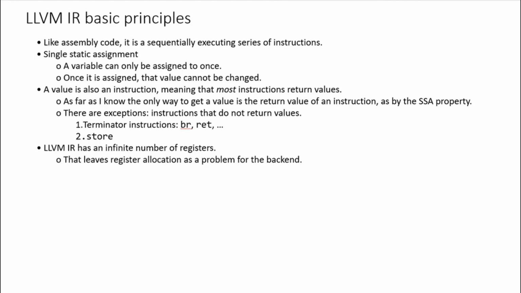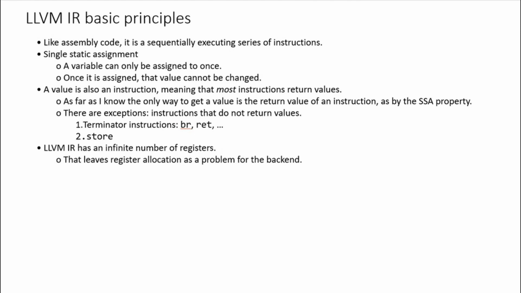So some basic principles of this programming language: it is like assembly code. It is a sequentially executing series of instructions. Its main property is single static assignment, which basically means that a variable can only be assigned to once, and once it is assigned, that value cannot be changed.